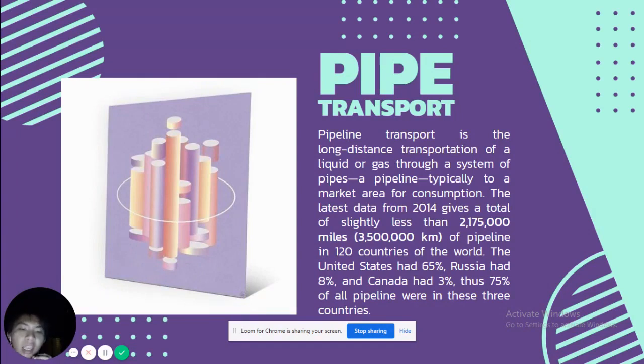The United States had 65%, Russia has 8%, and Canada has 3%. Thus, 75% of all pipelines were in these three countries.